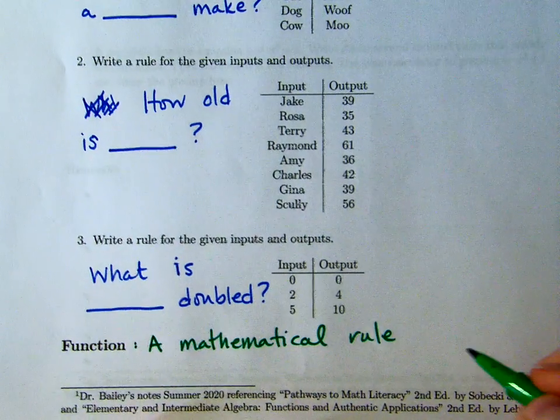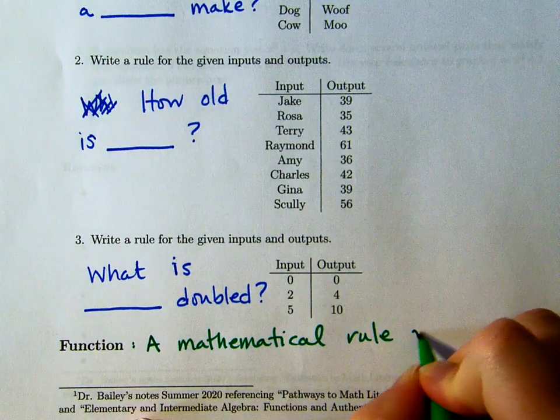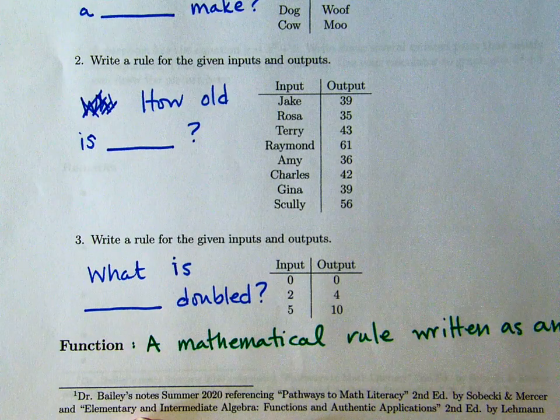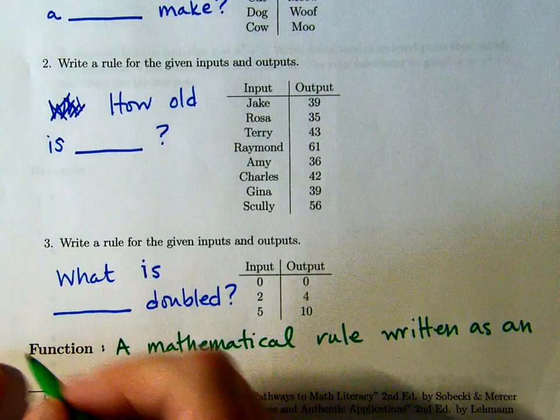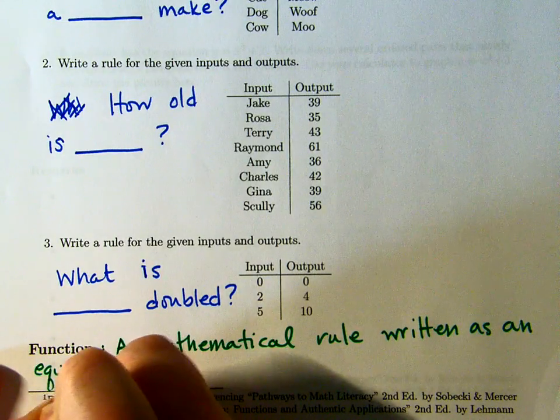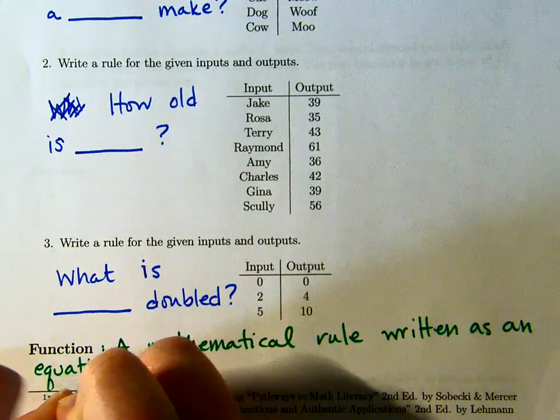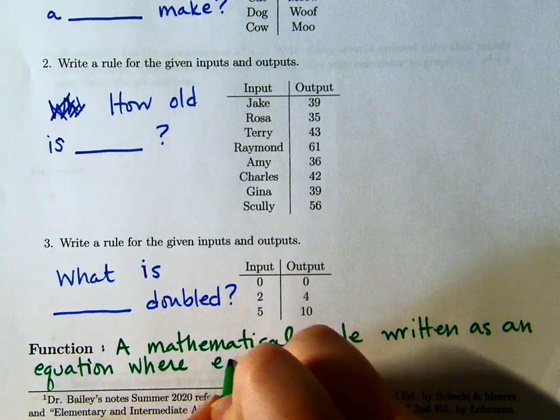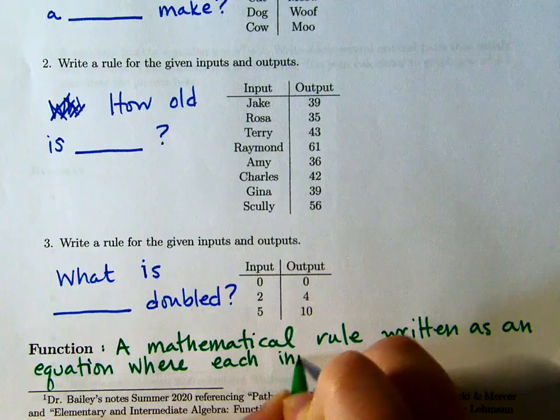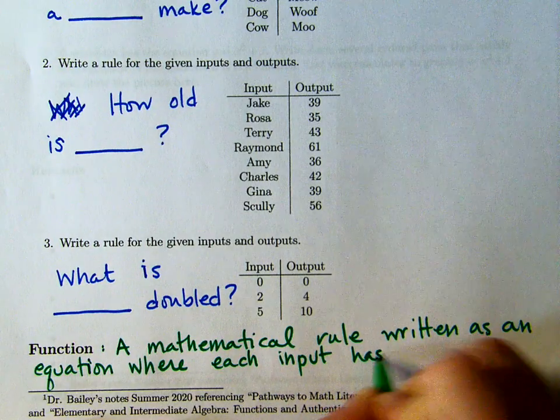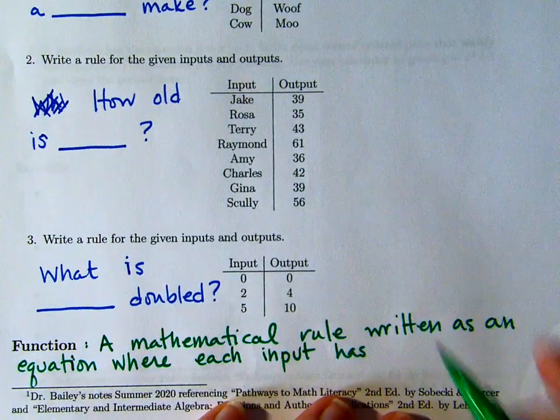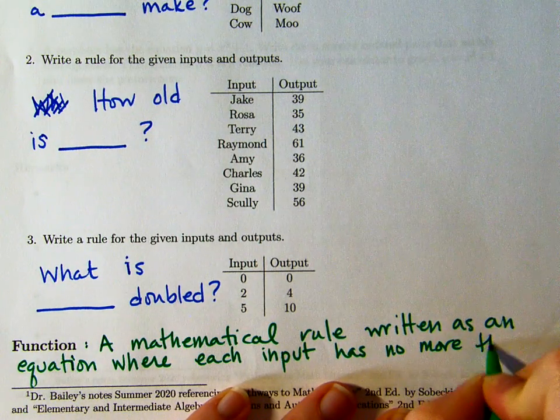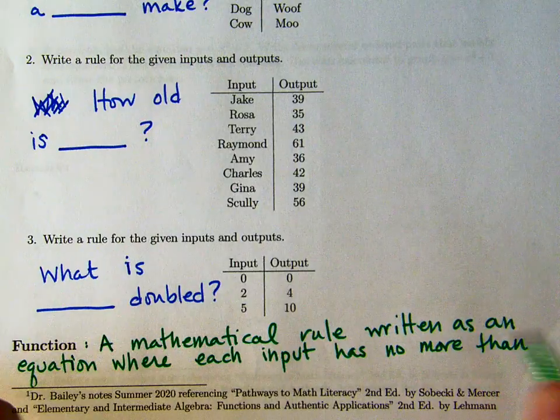A mathematical rule written as an equation where each input has no more than one output.